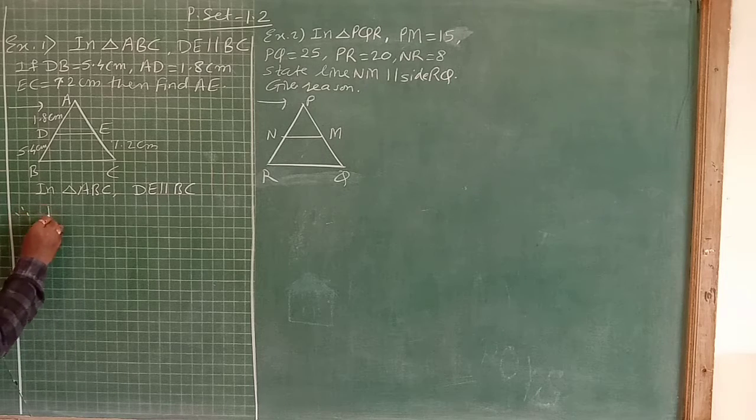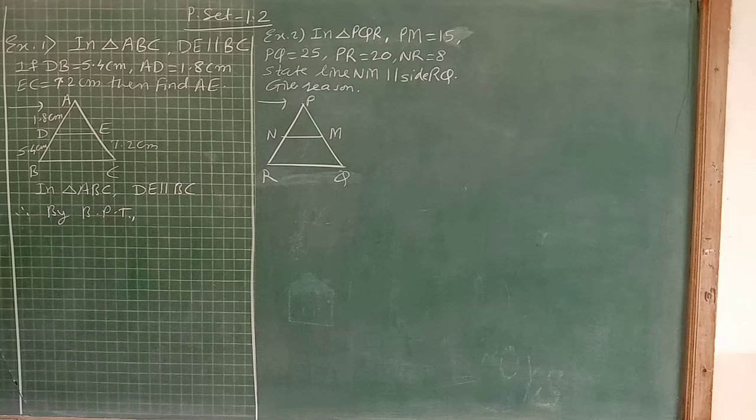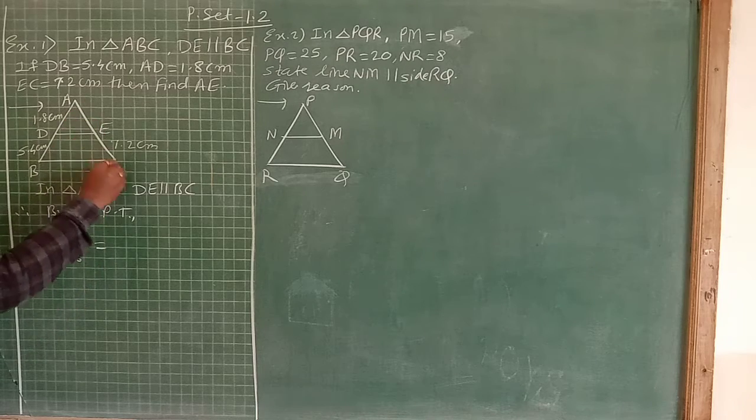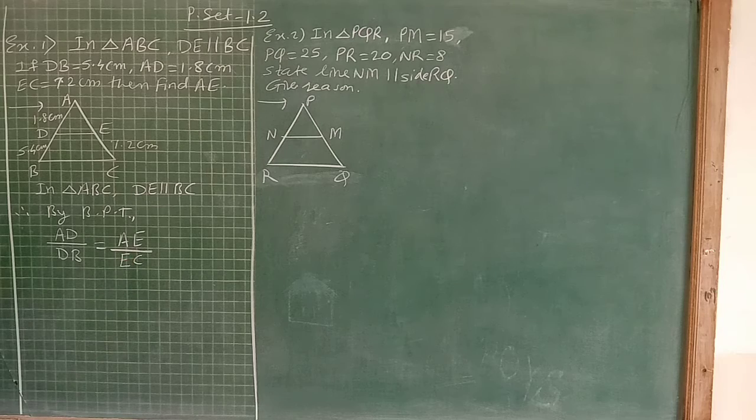Therefore, by the basic proportionality theorem, AD upon DB is equal to AE upon EC. Now substitute the given values in this mathematical form. AD is 1.8. Units are not necessary to write.